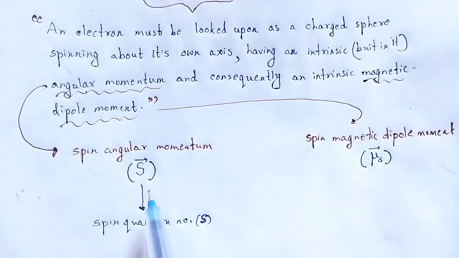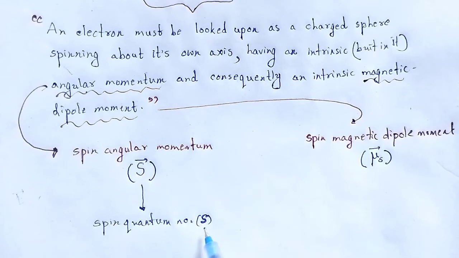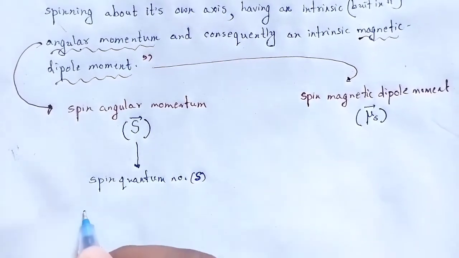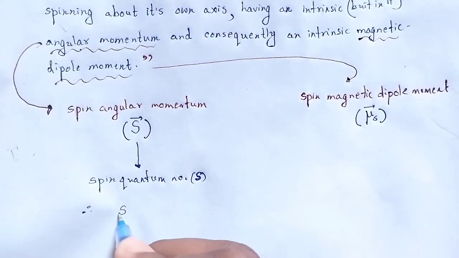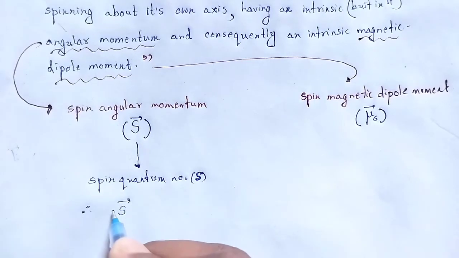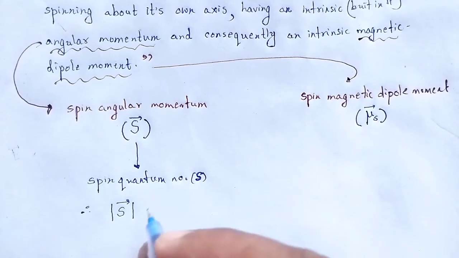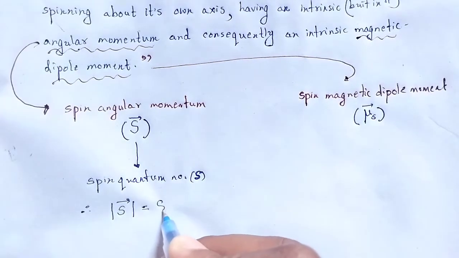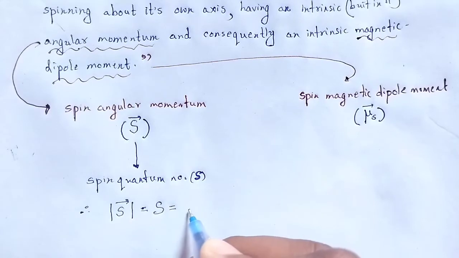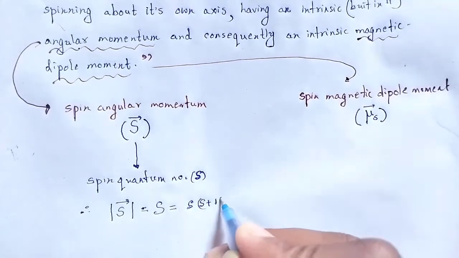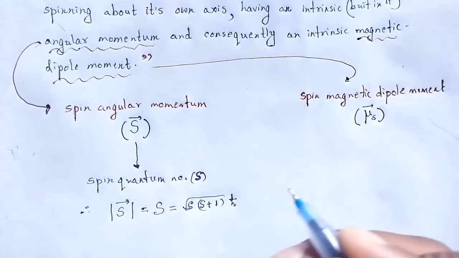In a similar pattern, the spin angular momentum is associated with the spin quantum number small s. Therefore, the magnitude of spin angular momentum is S equals the square root of s times (s plus 1), times h cross.